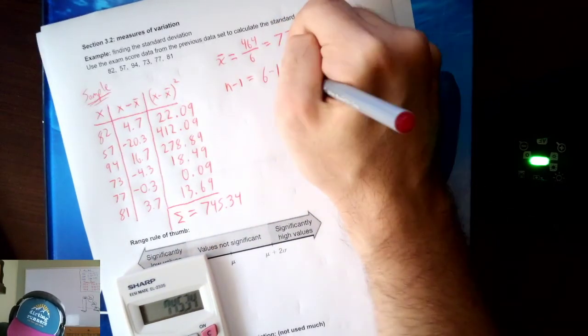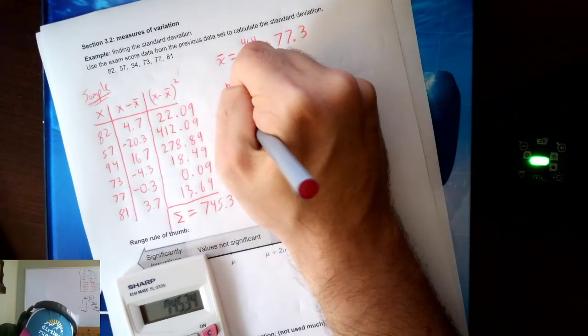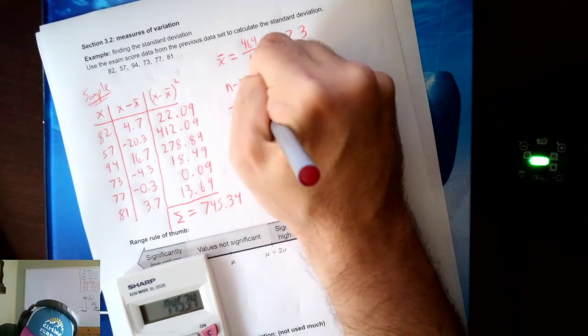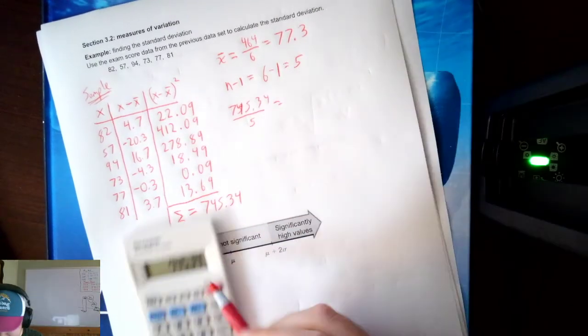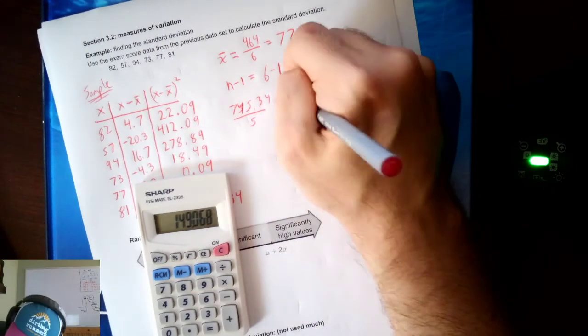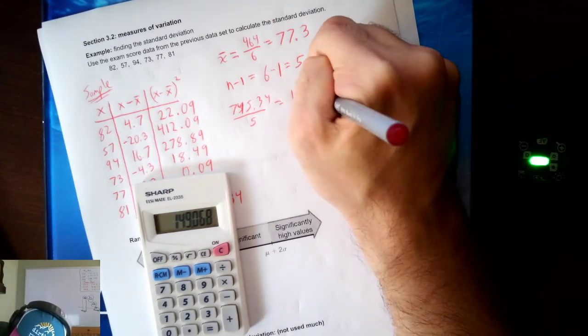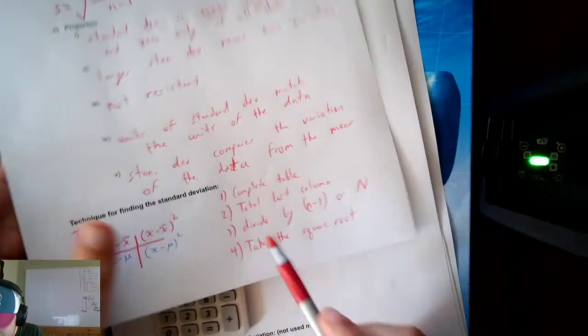So 6 minus 1 is equal to 5. So I'm going to do 745.34, and I'm going to divide it by 5. So 745.34 divided by 5 equals 149.068. So I've now divided.